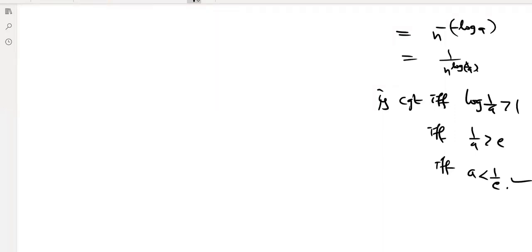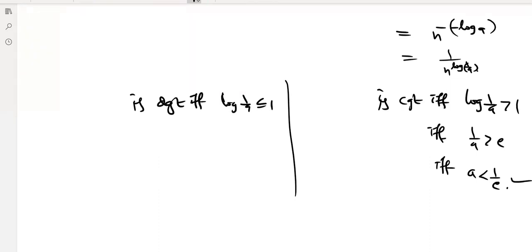So this is convergent if and only if this is true. This is divergent whenever log of 1 by a is less than or equal to 1, by the p test. That means 1 by a is less than or equal to e, that means a is bigger than or equal to 1 by e.